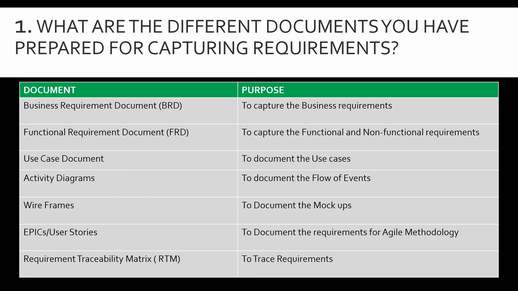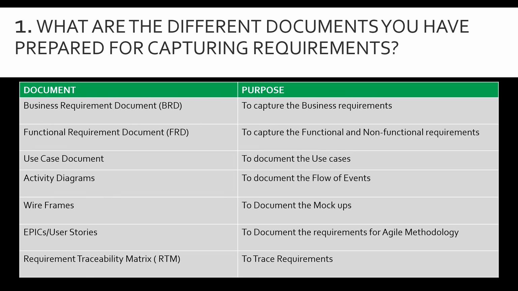And then we have the epics and user stories. All the documents which we just spoke about are used in the traditional waterfall model. But in case a project is using Agile, the requirements are captured in epics, which are the high level requirements, and epics are broken down into user stories.